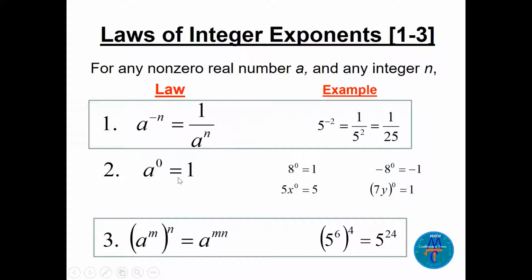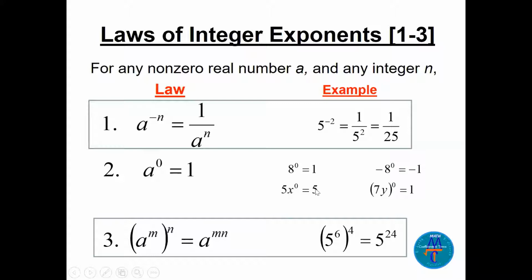Now, any non-zero number a to the power 0 is 1. I presented here 4 examples because you have to be careful. When you have the number by itself, 8 to the power 0 is 1. But when you have minus 8 to the power 0, the answer is minus 1. Why?